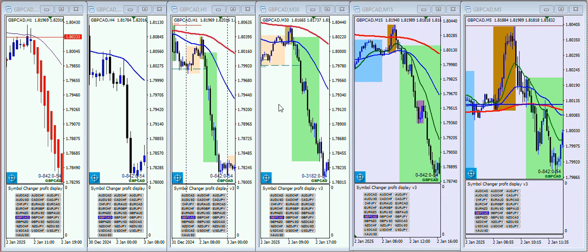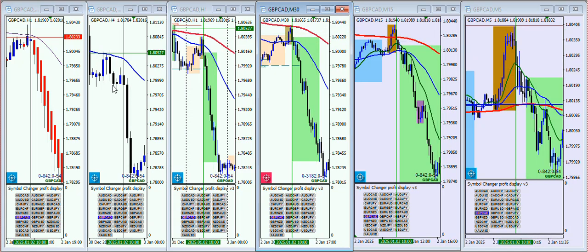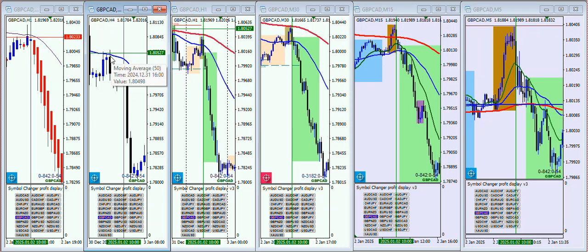Another thing I also want to check, now having this rejection, is the 4 hour time frame. We want to see price below the 50 exponential moving average on the 4 hour time frame.